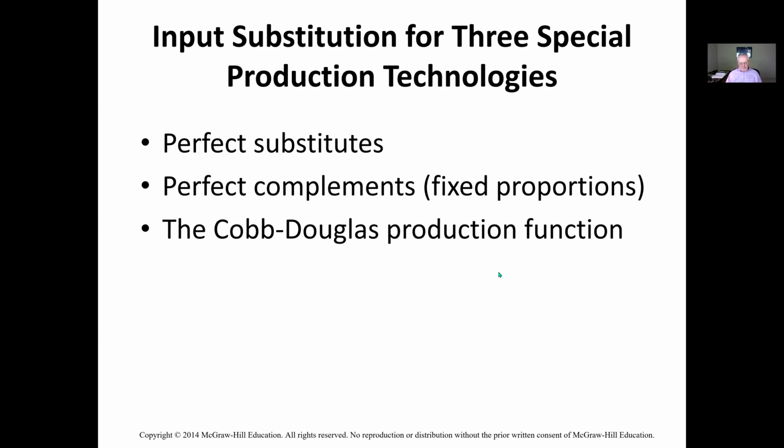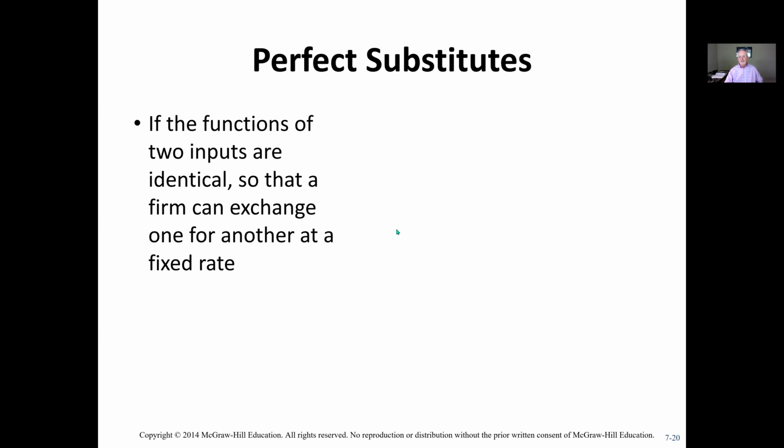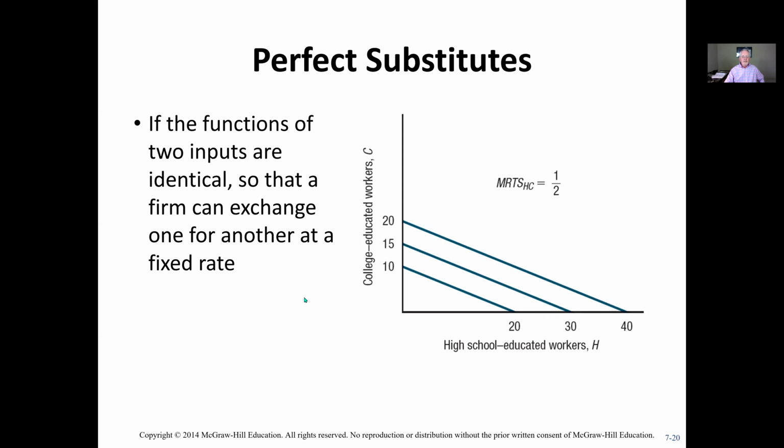So if we think about special cases here, this again is very analogous to what we already did. If the inputs are identical, so that a firm can exchange one for another at a fixed rate, this would be the case if their marginal products were positive and constant, they would trade at a constant rate.